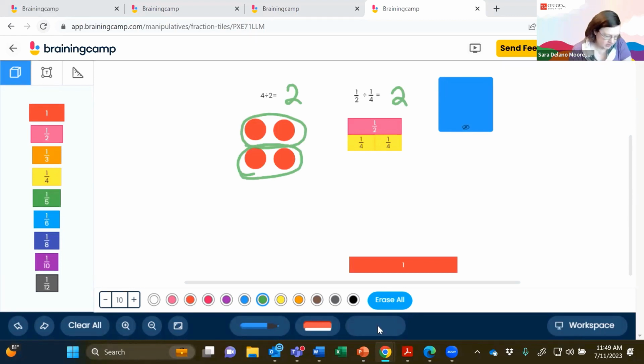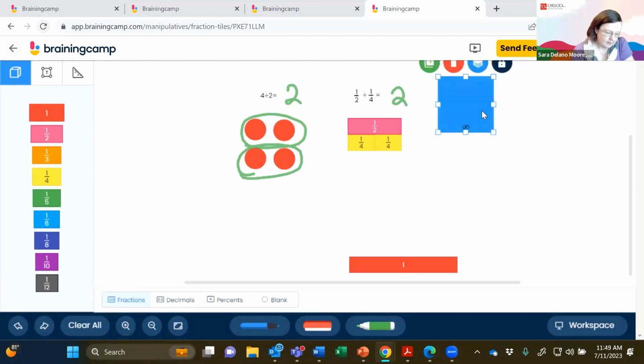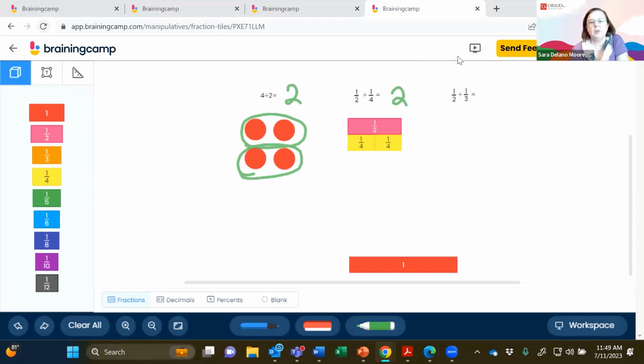So this one's fairly straightforward. And then, of course, we get to the really interesting one. 1/2 divided by 1/3. So how many 1/3s are in 1/2?